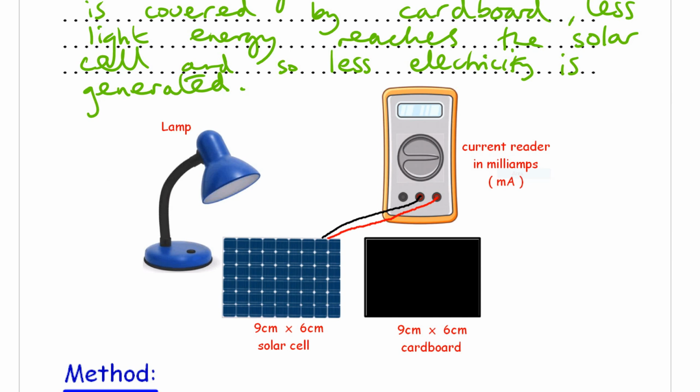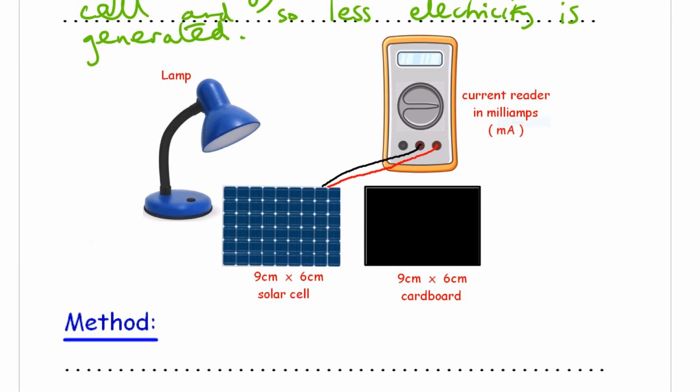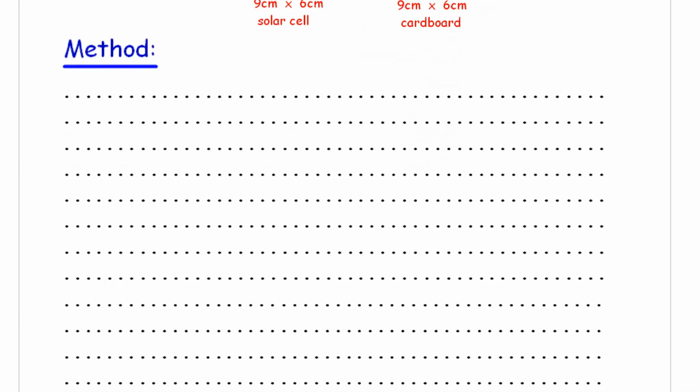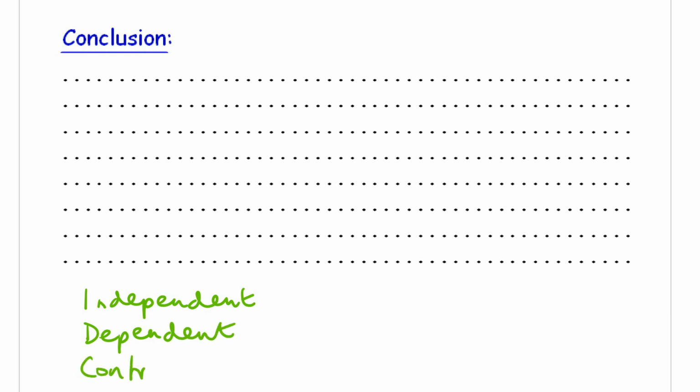So, before we move on to our method and a results table and a conclusion, I've missed out the independent, dependent, and control variables.